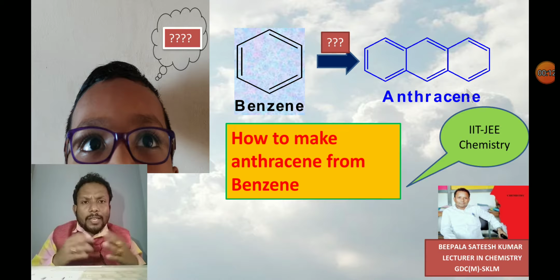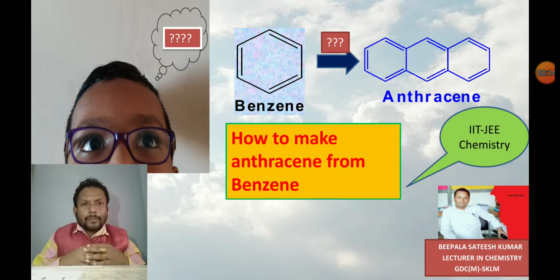Today our topic is benzene into anthracene. You know the structure of benzene? So this is the structure of benzene. The structure of anthracene is this. Benzene is a one-ring compound, whereas anthracene has three rings.